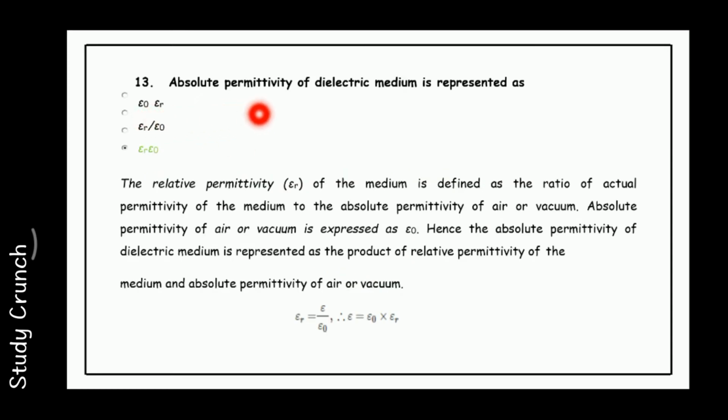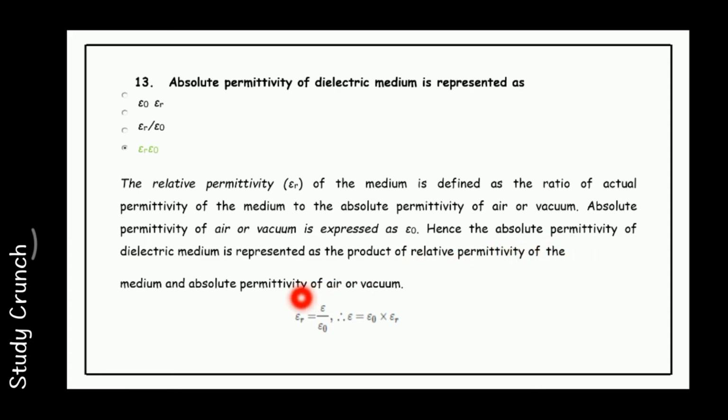Next, absolute permittivity of dielectric medium is represented as. So it will be epsilon r into epsilon naught. So epsilon r is the relative permittivity of the medium, which is actually the ratio of actual permittivity of the medium to absolute permittivity of air or vacuum. And the absolute permittivity of air or vacuum is expressed as epsilon naught.